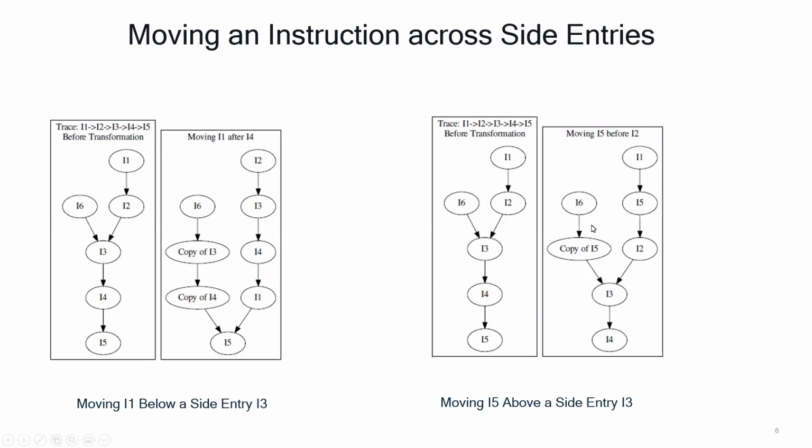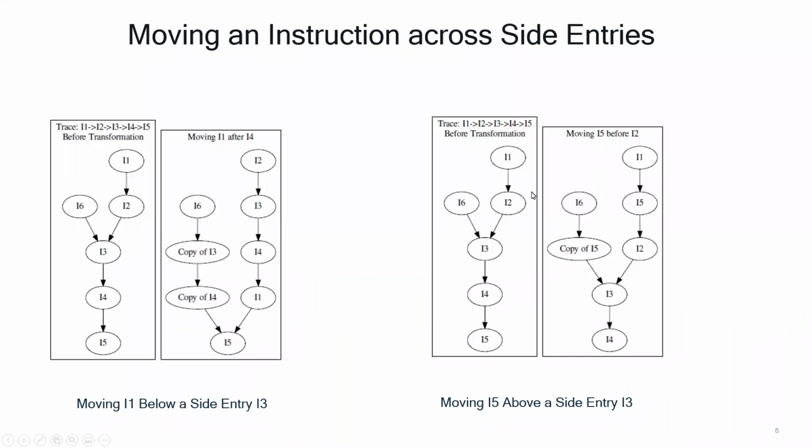Yeah, I think the transformation is clear, assuming the dependencies are preserved. But what is the specific advantage we get? So, what is the specific advantage of doing this? We are able to move instructions. For instance, if I1 is a long latency operation, and we want to hide the latency of I1 before it gets used at I2, so we want to increase the trace length.